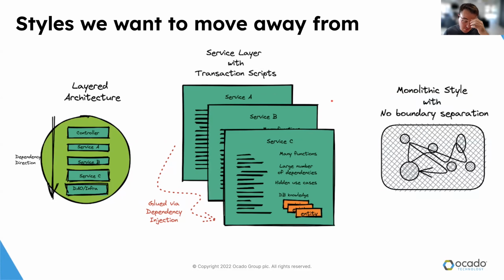Martin Fowler has a good chapter on this in his book, Patterns of Enterprise Application Architecture, and we're going to get more into that soon. And to finish, the monolithic style: we want to still keep it monolithic for a while, but we want to move to a modular monolith, with clearer boundaries, as in microservices, right?